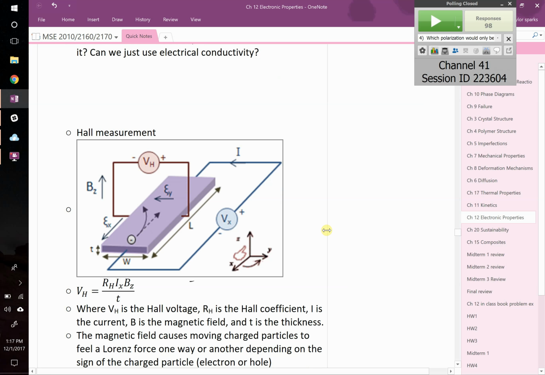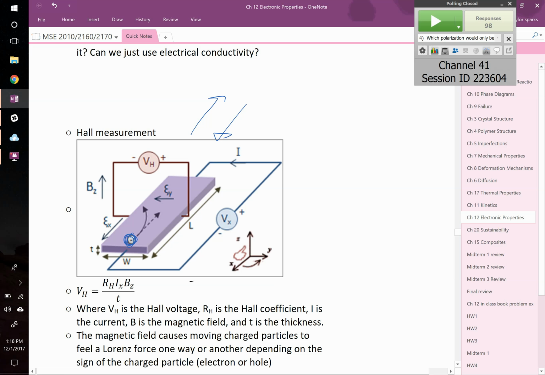If you remember from physics, you would have probably seen this before. It's like an intro physics problem. How it works is like this. You're going to pass a current through your material like that. So you've got a power supply, and you pass a current through your sample. So you've got electrons traveling through it. If your current's going that way, then your electrons are going that way. So they've drawn this little electron right here, and he's moving up in this material.